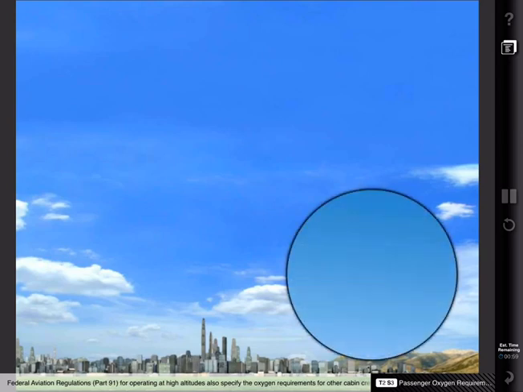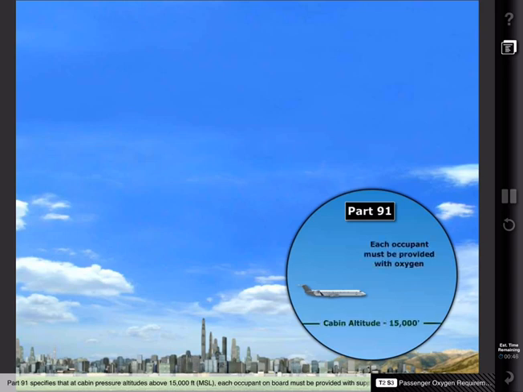Federal aviation regulations for operating at high altitudes also specify the oxygen requirements for other cabin crew members and passengers. Part 91 specifies that at cabin pressure altitudes above 15,000 feet, each occupant on board must be provided with supplemental oxygen. Under Part 121 regulations, an emergency oxygen supply is required for each passenger.